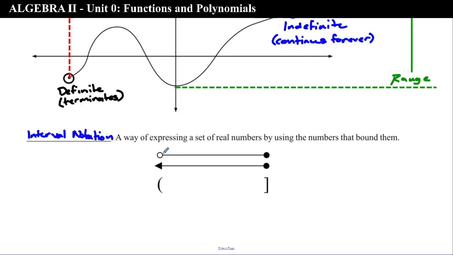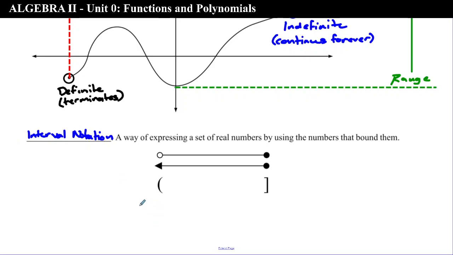Now, if we are not including our bound, which means we either have an open dot or we have an arrow, meaning it's going to infinity, because we can't include infinity because it's not an actual number, we use a parentheses. Now, if we have a solid dot on the end of our function, then we use a bracket, meaning that we do include that value.